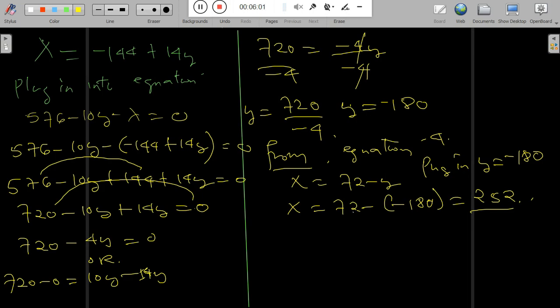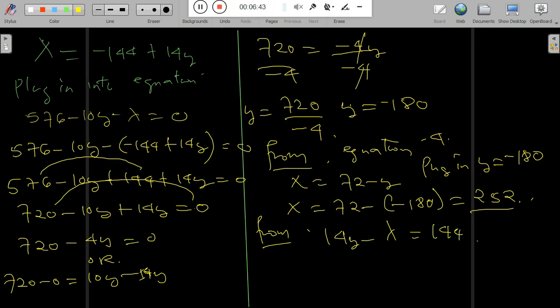Since we have solved the values of x and y, those are known as the critical point. So we go straight on to solve for the critical point value of lambda.